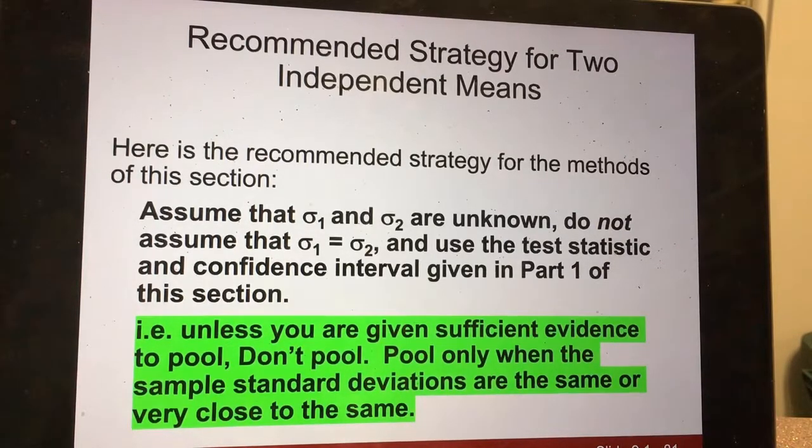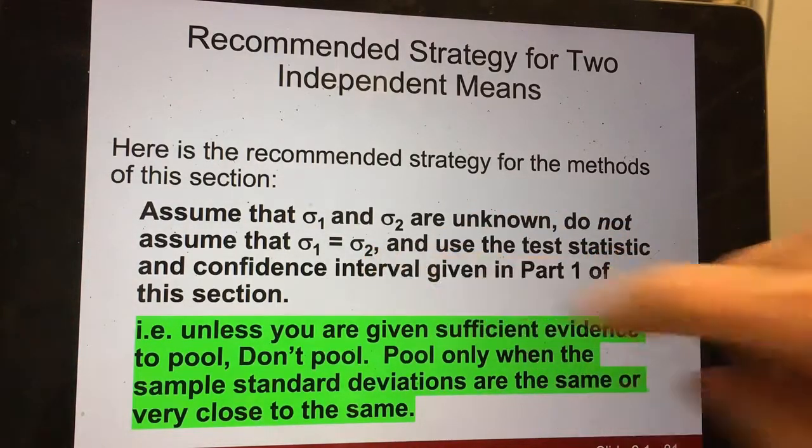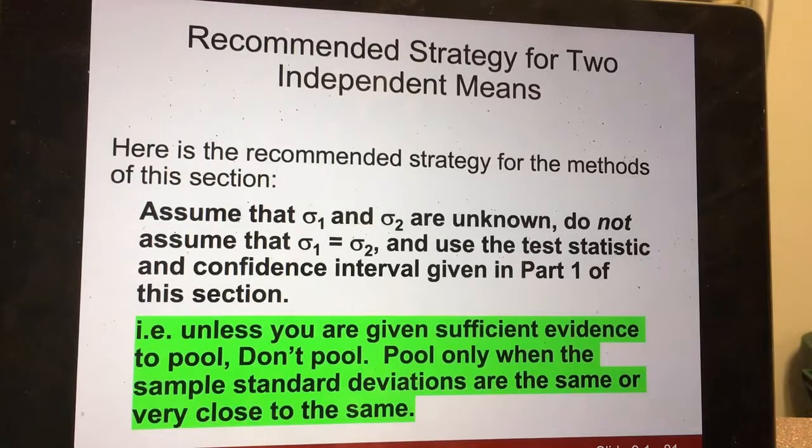Now, this is your author. Your author's recommended strategy for two independent means is to always use the t-test. He says, unless you are told otherwise, you're going to use the t-test. Now, if they tell you the two sigmas are the same, then yes, you should pool them. If they tell you that you know your sigmas, then yes, you should use your z-score.